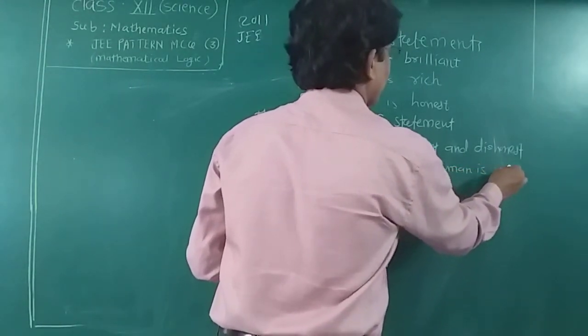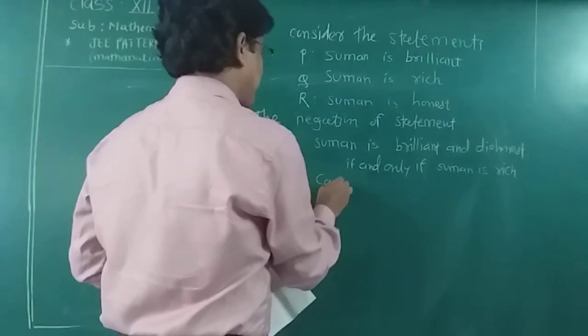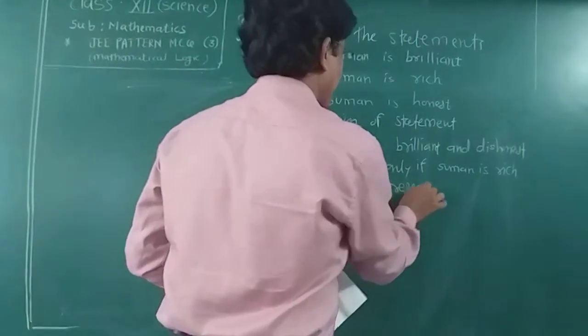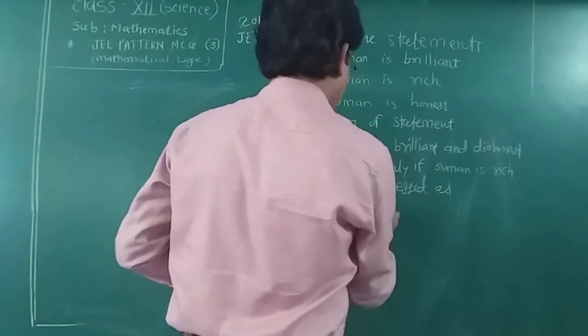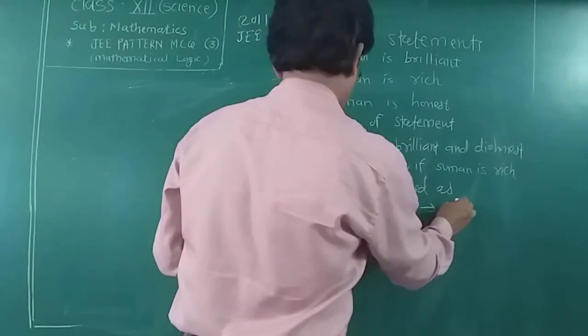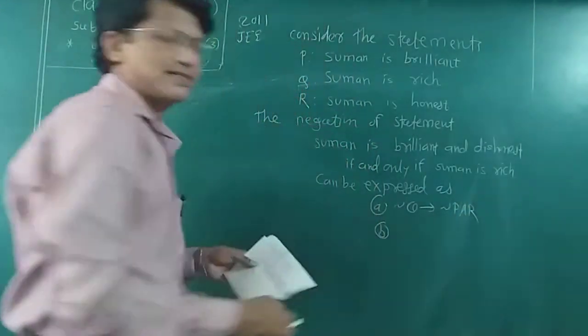This can be expressed as: first option, negation Q implies negation P and R. This is option number one.